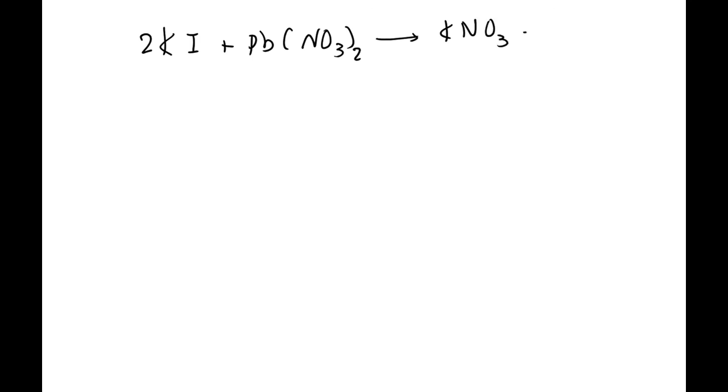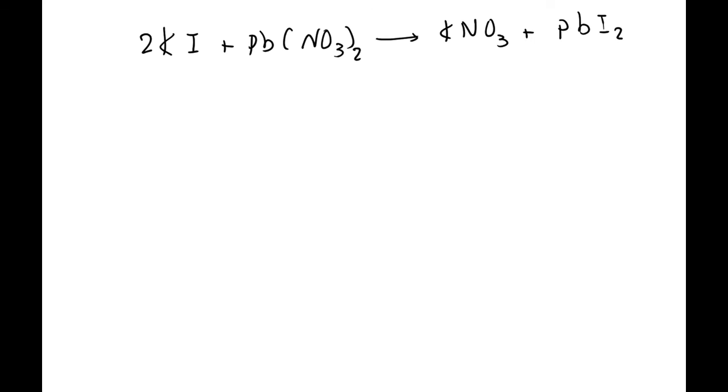In case of precipitation reaction, okay, a precipitate should form in order for a reaction to take place. If we take a reaction like this, it's potassium iodide plus lead nitrate give potassium nitrate and lead iodide.